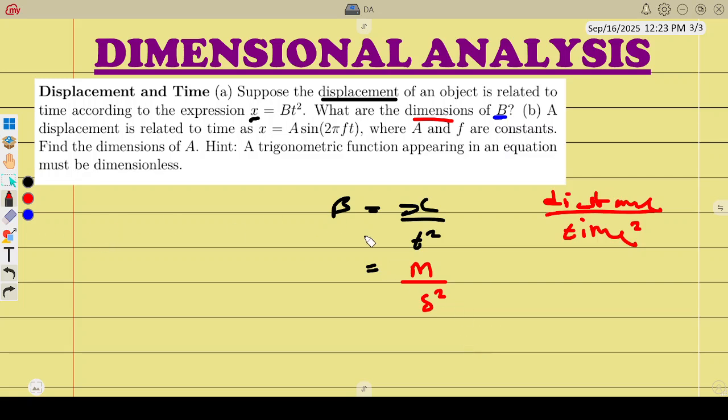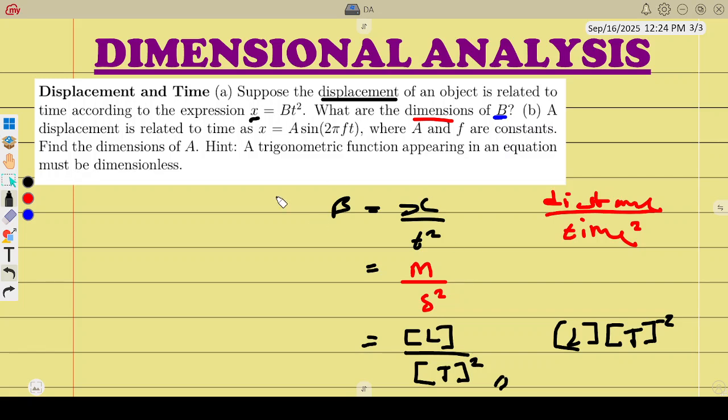Always know meters is length, so the dimension for meters is L, length, over seconds, which is time. You can see the dimensional analysis is coming up. We're done like this, and then we leave it in standard form. The standard is that you should have no fraction.